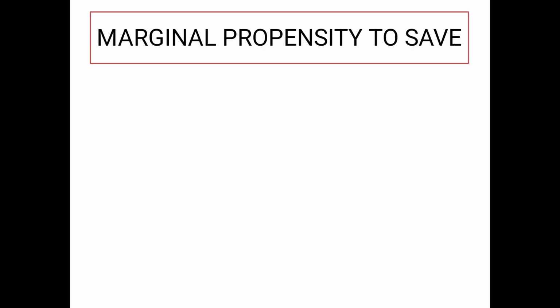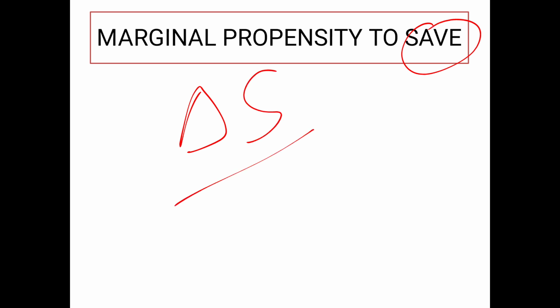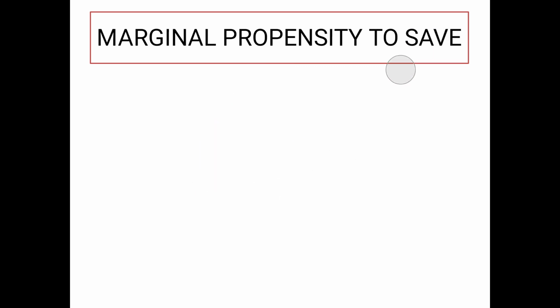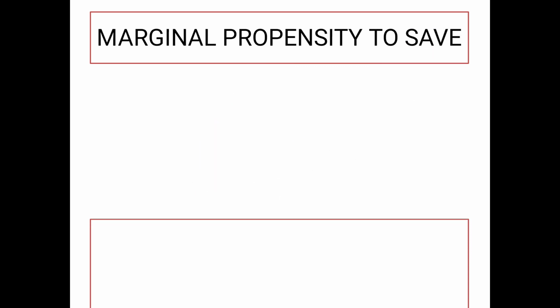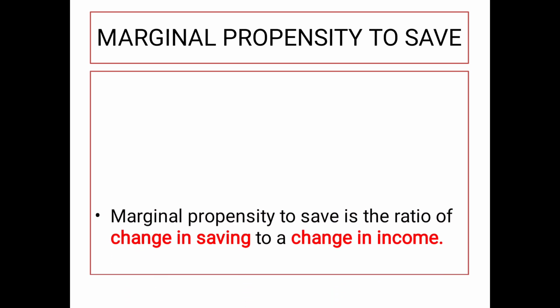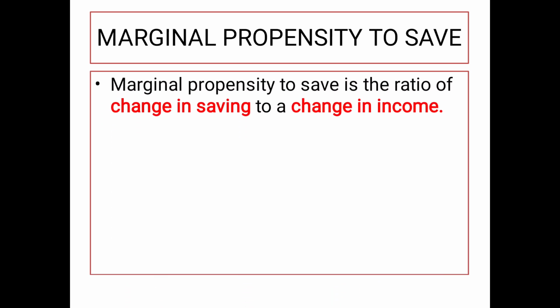Now we are going to see marginal propensity to save. What does marginal say to you? Change. Okay, change. S is here, so change in S by change in Y. So what is marginal propensity to save telling you? Change in saving by change in income. So when there is a change, marginal propensity to save is a ratio of change in saving to change in income.